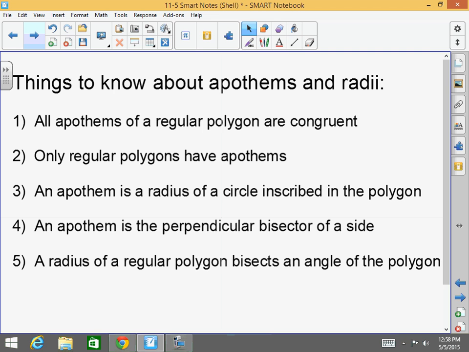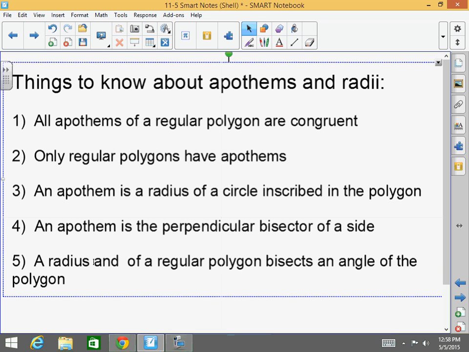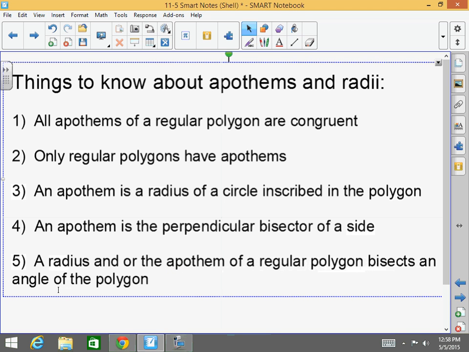And I think I messed up. It should be, because it could be both, the radius and/or the apothem of a regular polygon bisects, and not just an angle, but the central angle of the polygon. Okay, that makes more sense.